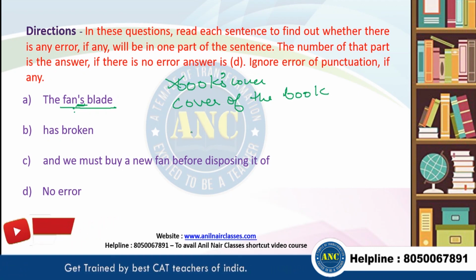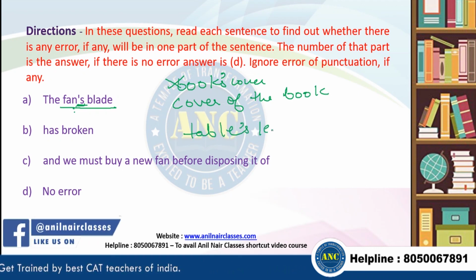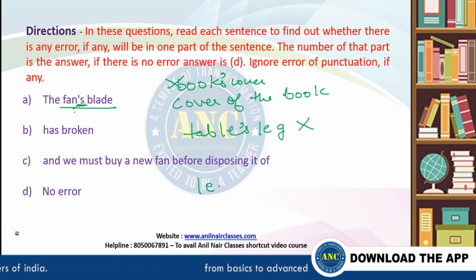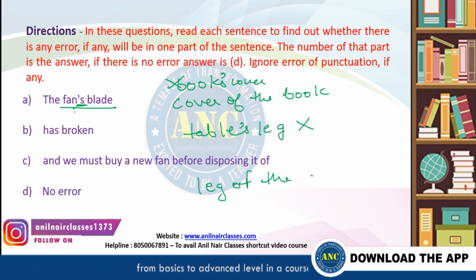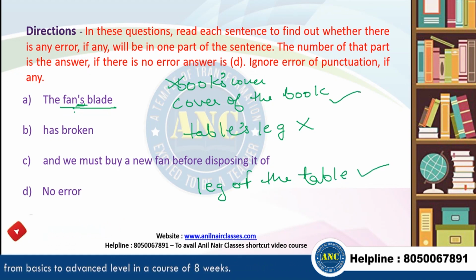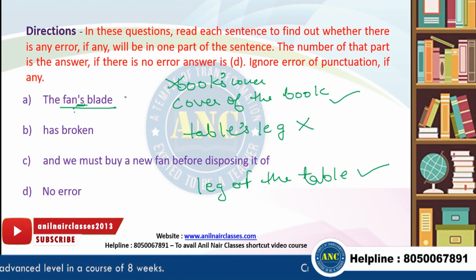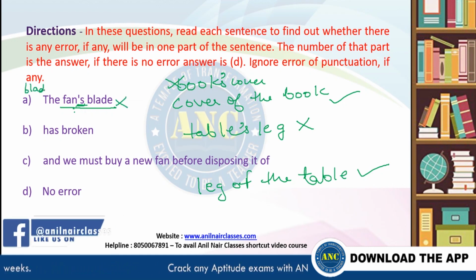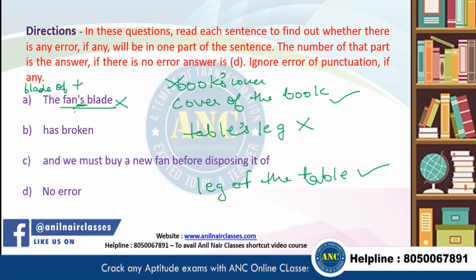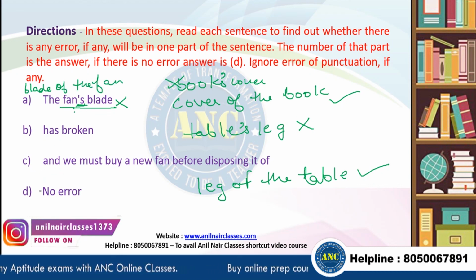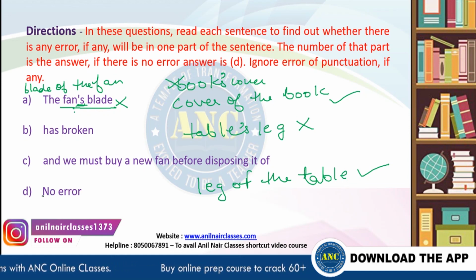If I say table's leg, this is wrong. The correct expression will be what? Leg of the table. This is correct. Now here fan's blade is wrong. The correct expression will be blade of the fan. That means we don't put any apostrophe plus S with non-living nouns.